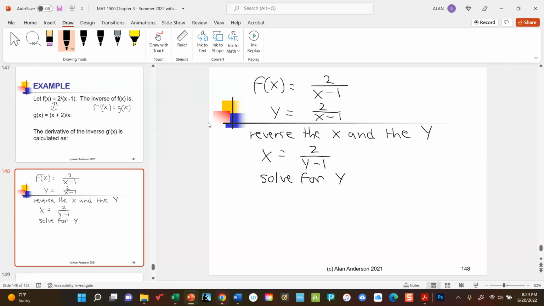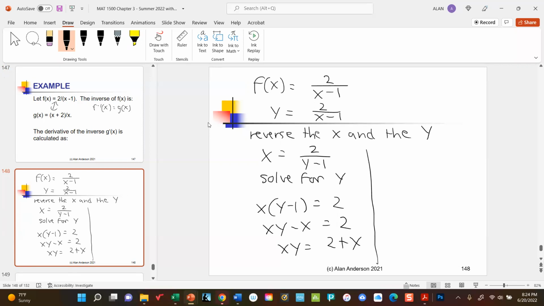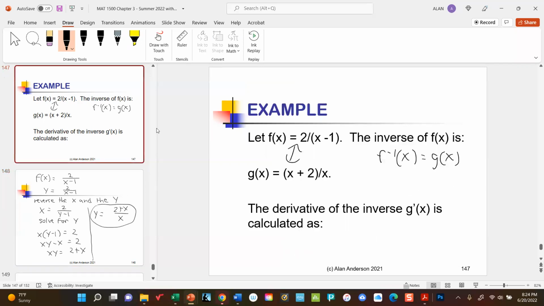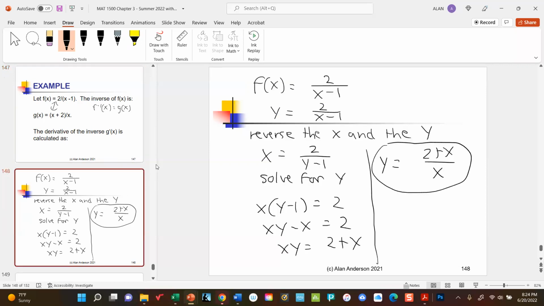In this case, you could cross multiply: x times y minus 1 equals 2. xy minus x equals 2. And then I end up with y equals 2 plus x over x. And that's exactly what was here, except that it's written as x plus 2, but it's the same thing. So in other words, starting with 2 over x minus 1, we were able to show that the inverse would therefore be 2 plus x over x.